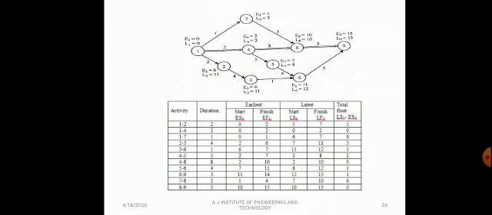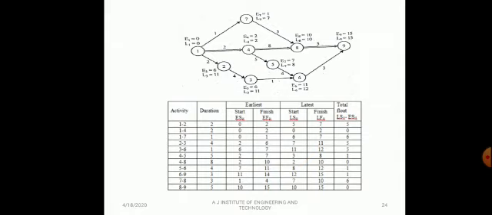Similarly, at the 6th node, you can observe 1 to 2, 2; 2 to 3, 4, 6; 6 plus 1 is 7. And if you go through 1 to 4, 2; 4 to 5, 5; 5 plus 2 is 7, 7 plus 4 is 11. We have 11 and 7 both, but you consider the maximum one, therefore 11.